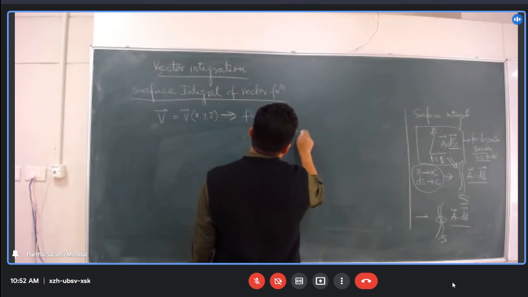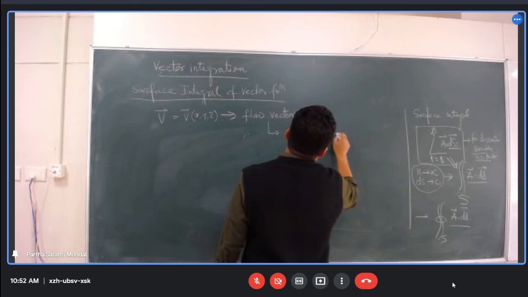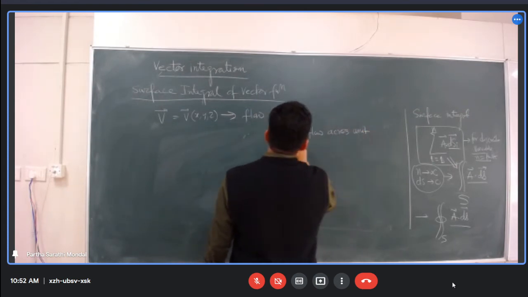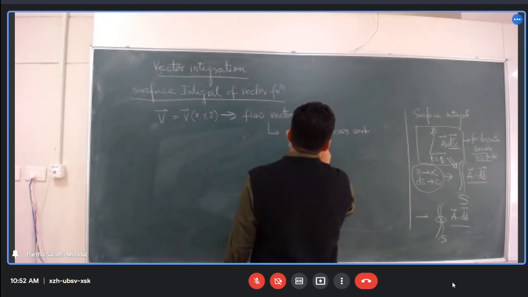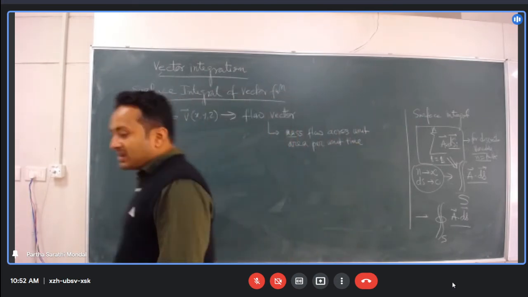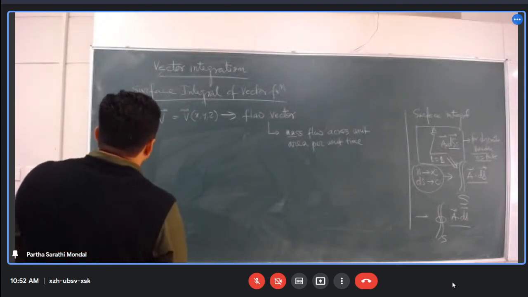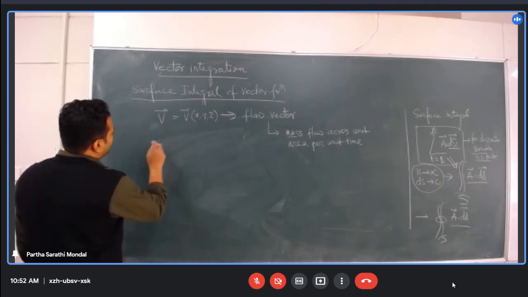For mass, flow across unit area per unit time. Okay?